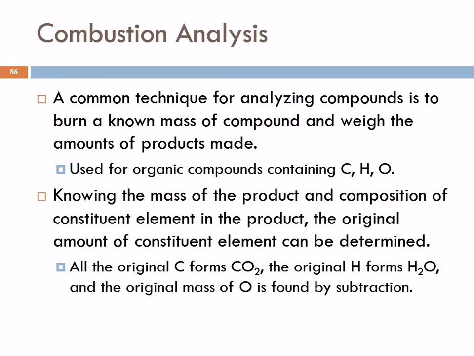All the hydrogen from the original compound becomes water, and we can trap that and weigh it. We can't trap the oxygen, but the law of conservation of mass says that the mass of carbon, oxygen, and hydrogen produced has to equal the mass of the sample that we started with. And so we can find it by difference.